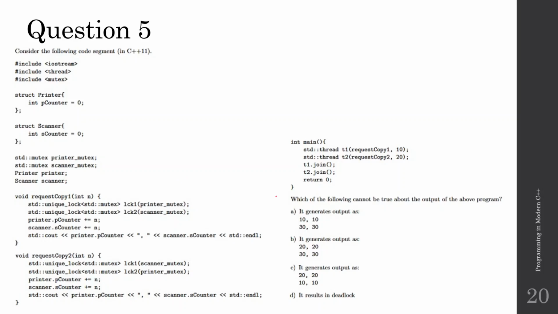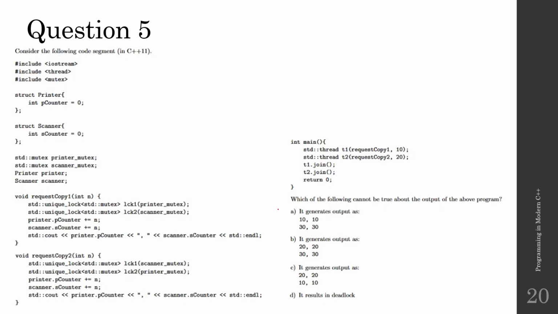So can you explain why it will be option A? So do we have to unlock printer mutex in unit log? No, don't know.